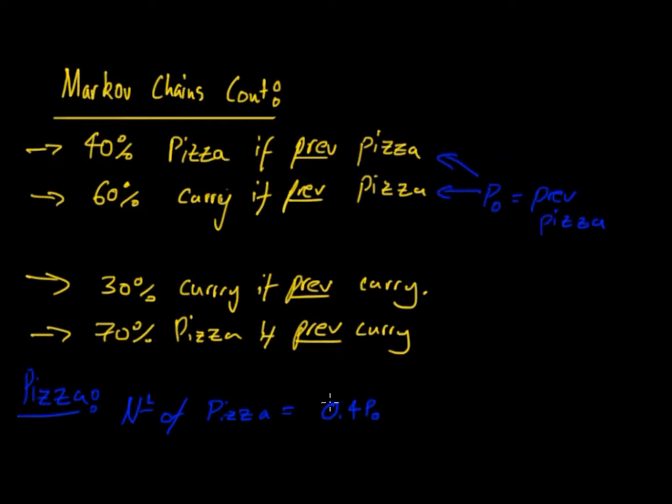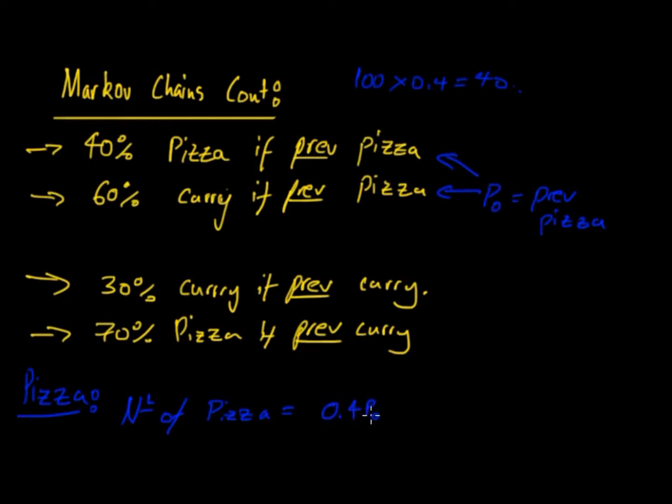So why is it 0.4? Let's say 100 people ate pizza one day. Then using expected value, there's a 40% chance that they'll eat pizza again. There were 100 who ate there, therefore you could expect on average 40 students would eat pizza the next day. So it's 100 times 0.4, so 40 students would eat pizza the next day.